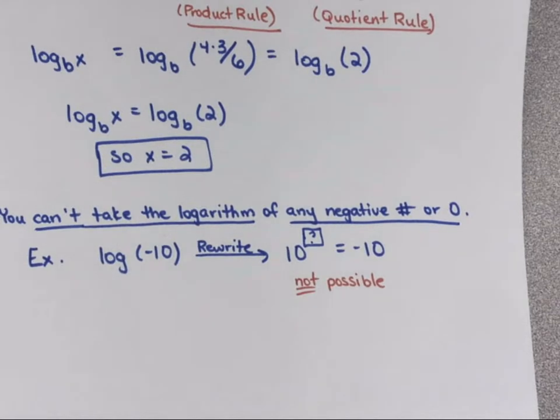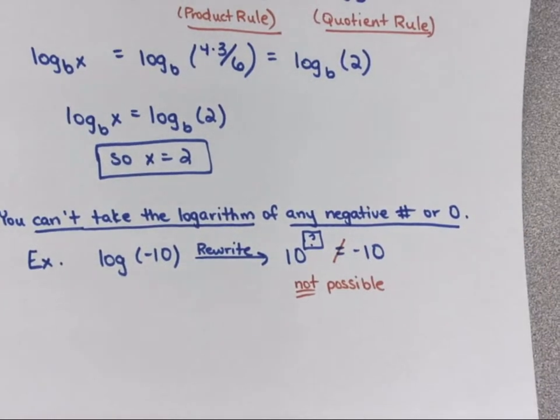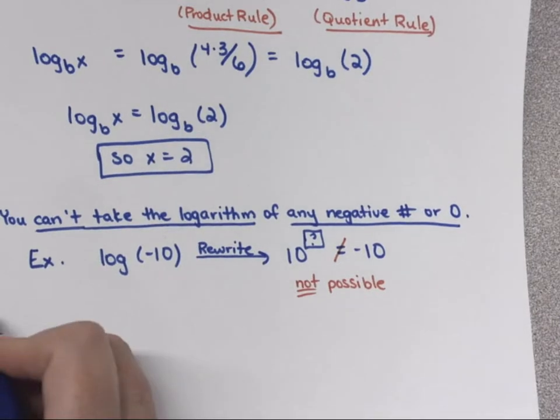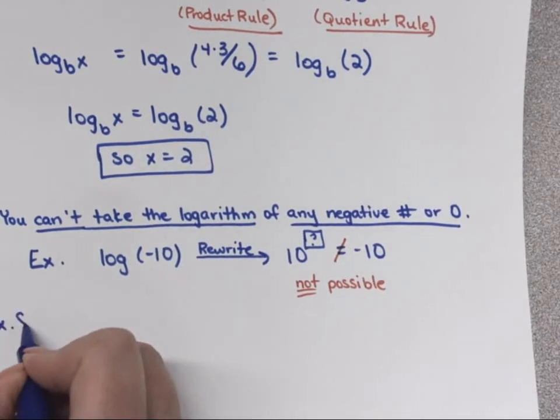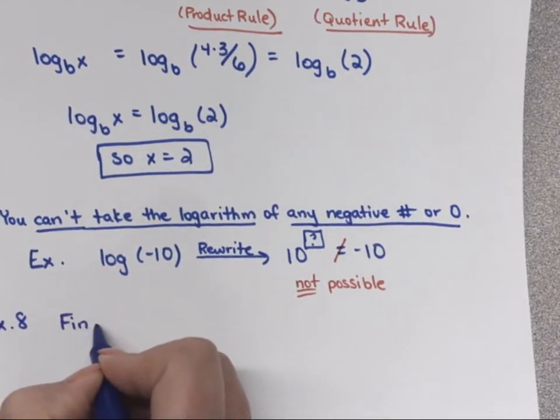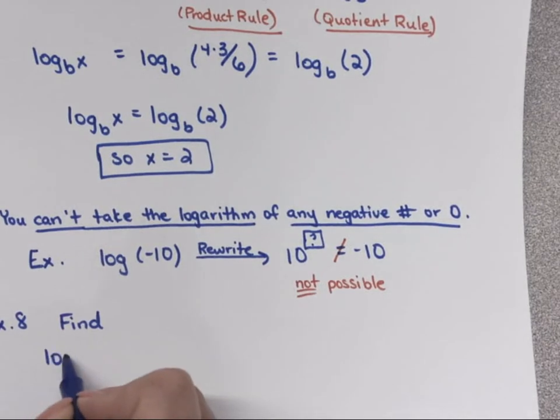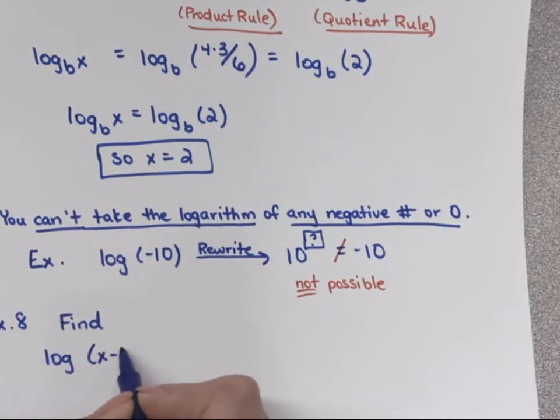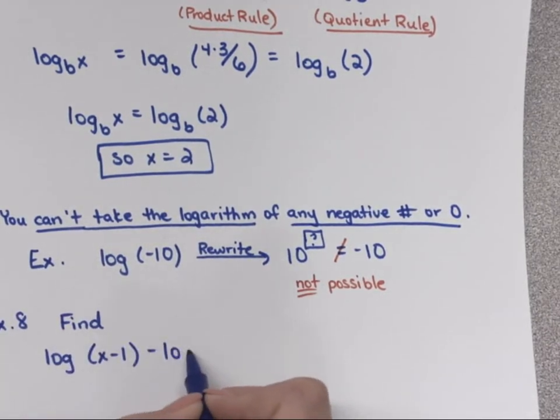In other words, this can't happen. 10 to the something power would never ever be -10. So anytime you will be taking the log of a negative or 0, you're just going to have to say no solution or it's not possible. All right, so keep that in mind as we use our log rules to solve some other problems.